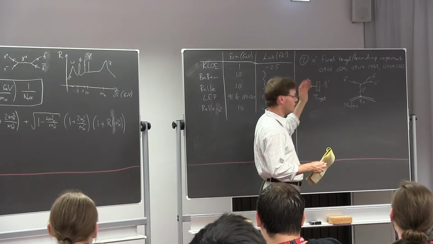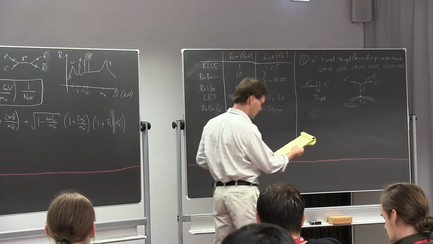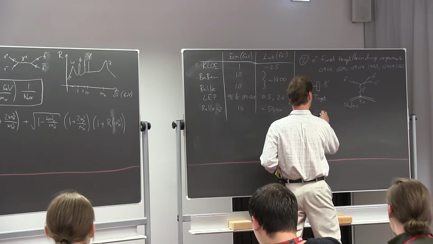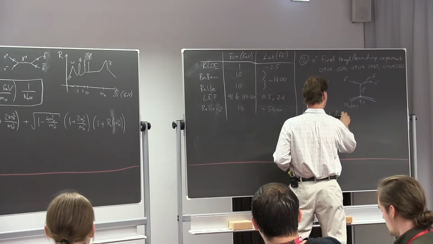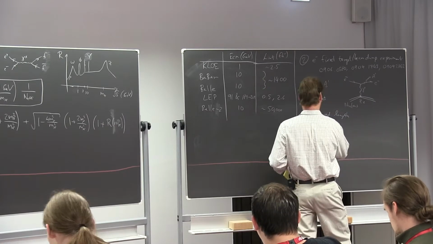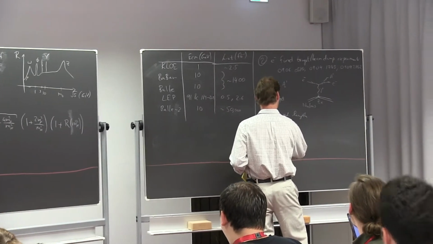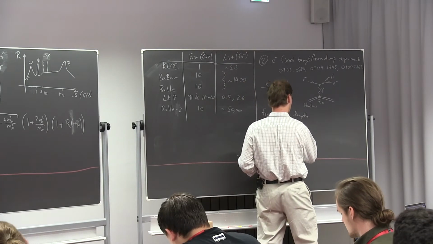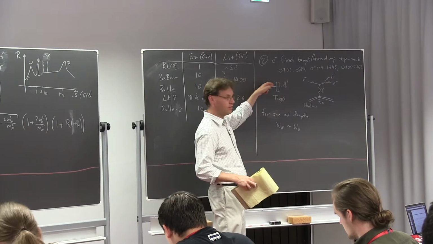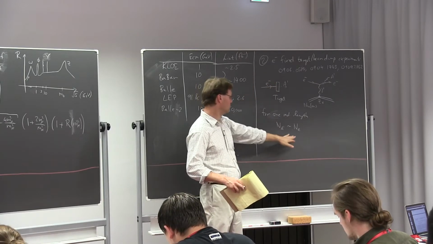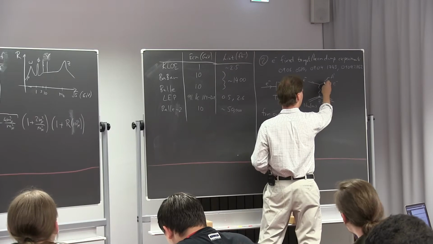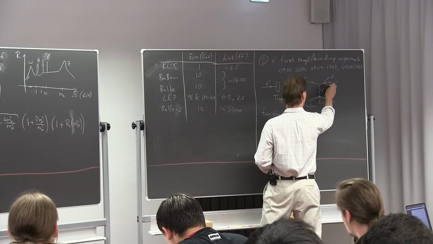You can consider both thin targets and thick targets, depending on what you want to do. So for one radiation length, the number of dark photons you could produce in such an experiment is proportional to the number of electrons that you have on target, Ne. There's an epsilon squared, again because of this vertex here.